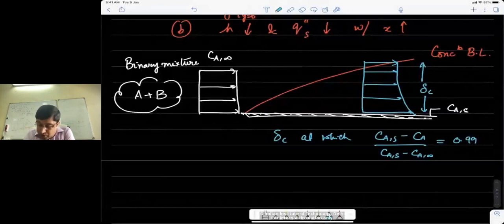So that would be defined as a concentration boundary layer thickness for all things going forward.